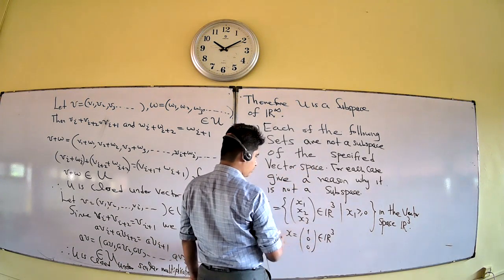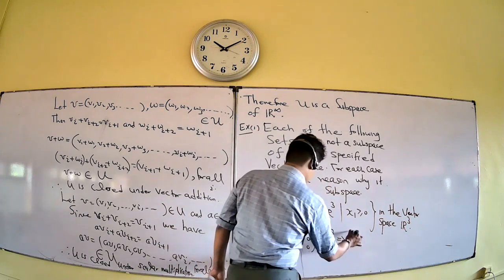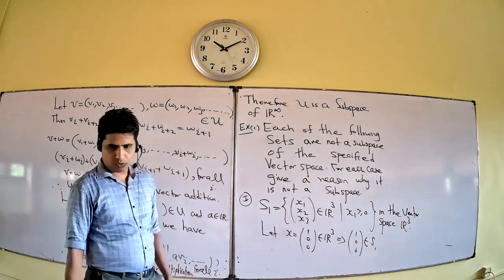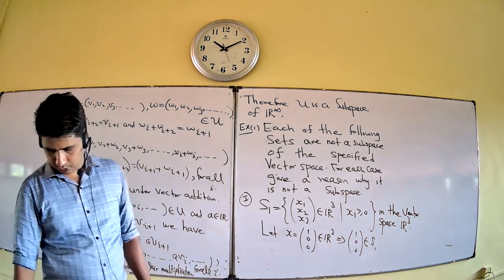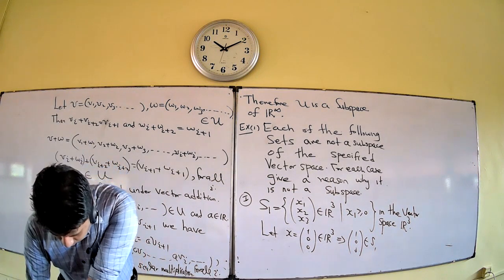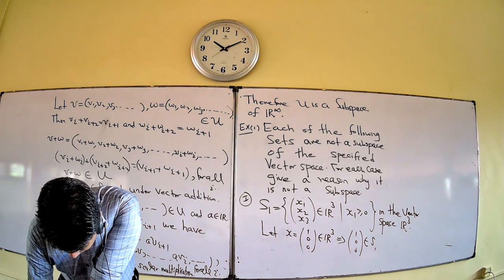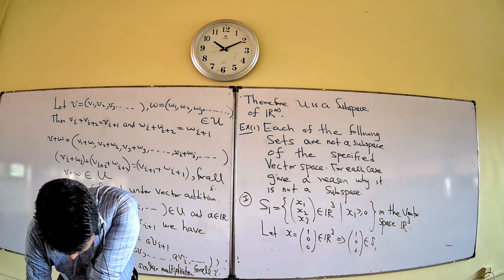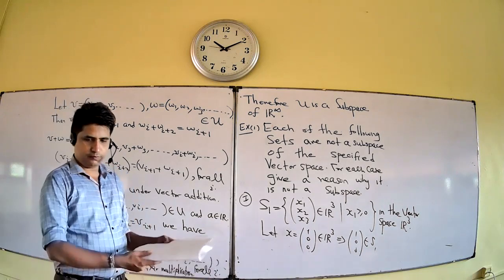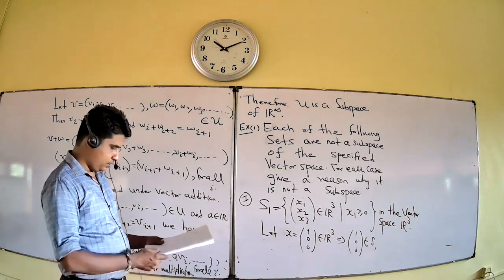Because 1 is greater than or equal to 0. Therefore, (1, 0, 0) belongs to S1.